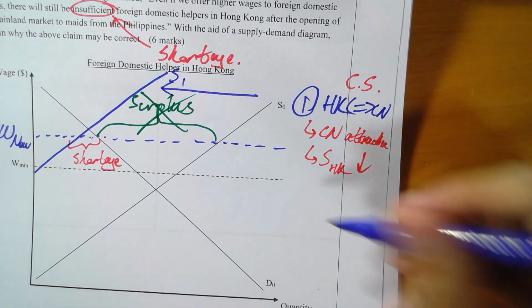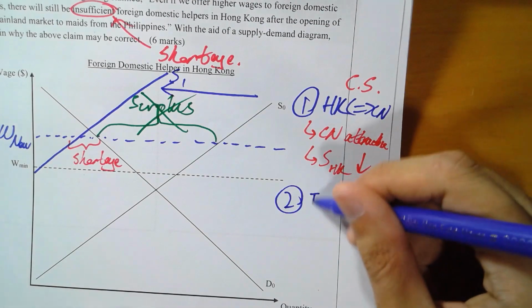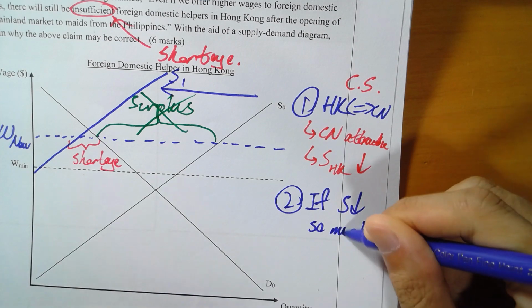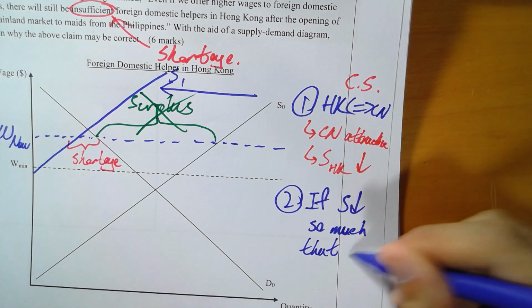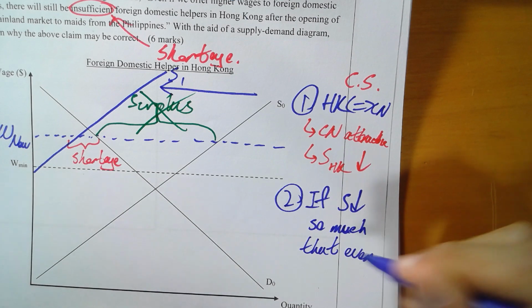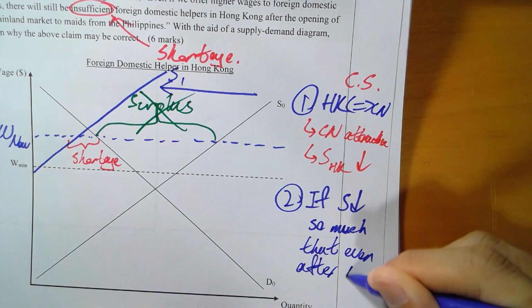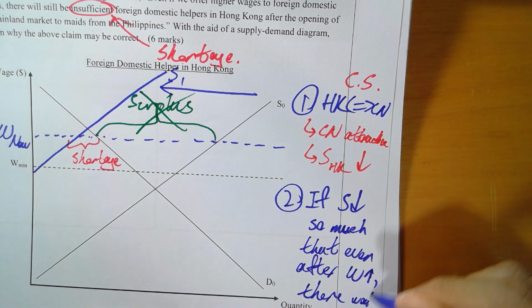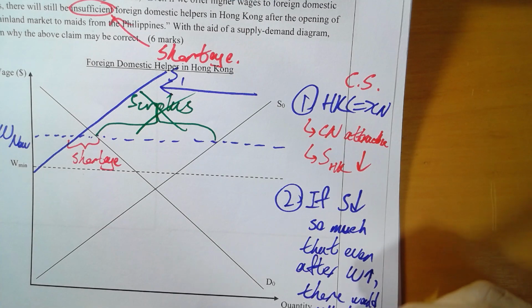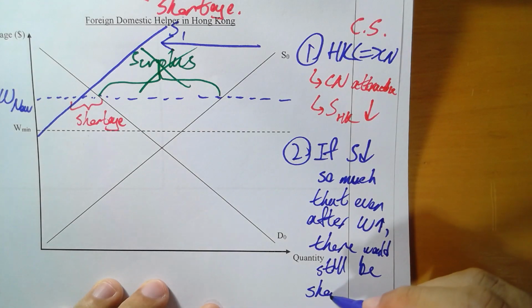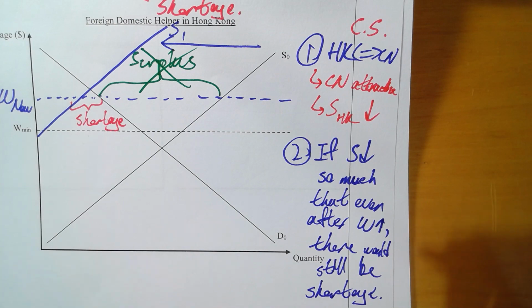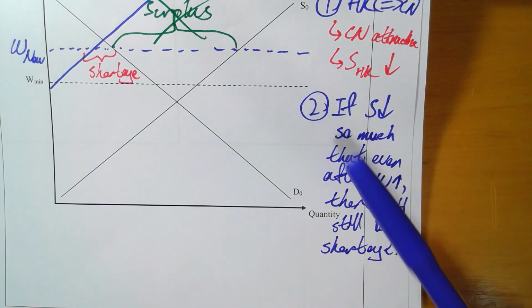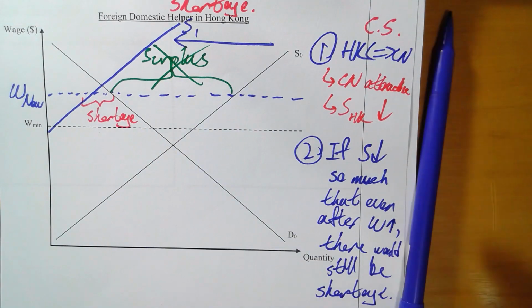Then we write if supply decreased so much that even after wage increase, there would still be a shortage. 係咪啊？Then unable to find people, right? This is the logic behind this question.